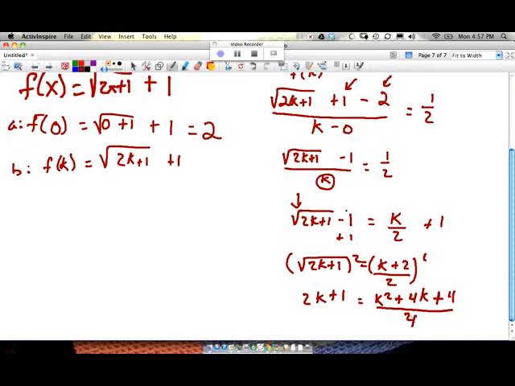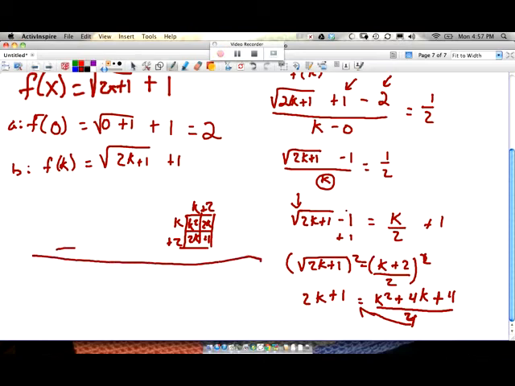If I squared this other side, how did I get that? Well, that's like doing a box multiplication of k plus 2 and k plus 2. You'd have k squared, 2k, 2k, 4. You put it all together, you get k squared plus 4k plus 4. Okay, so let's multiply this 4 to both sides.